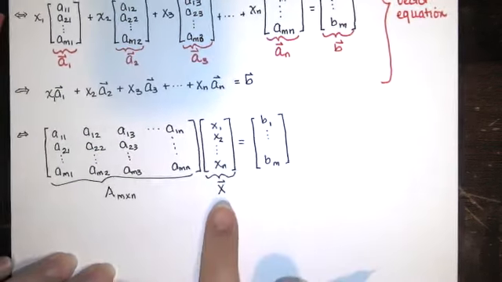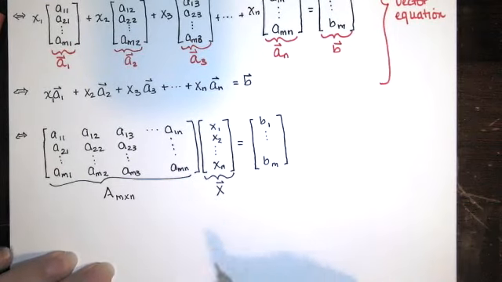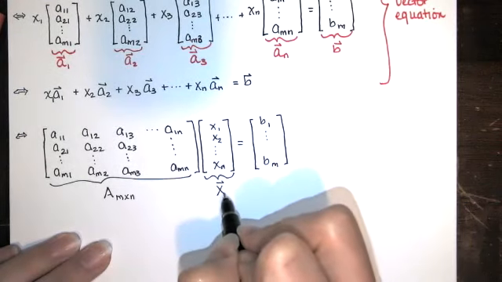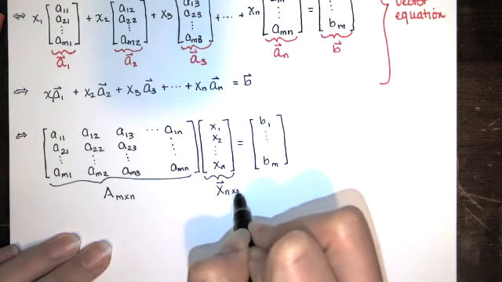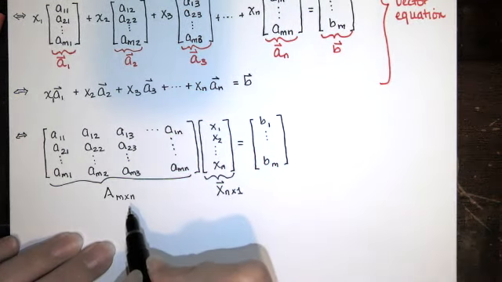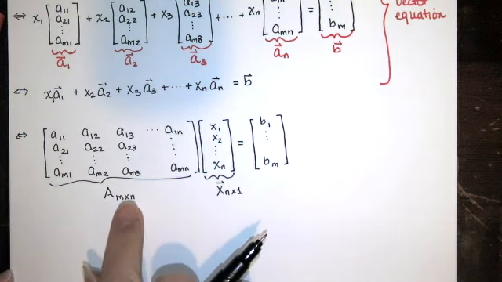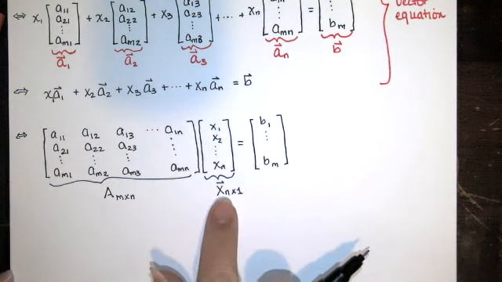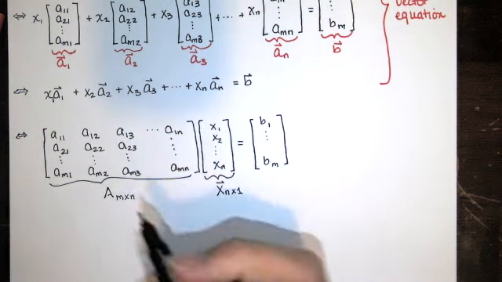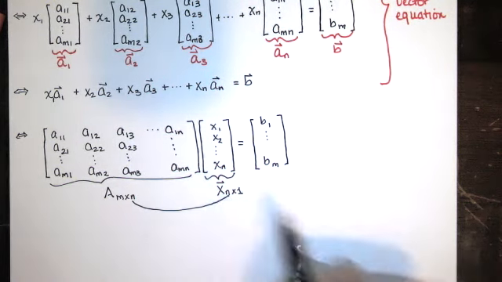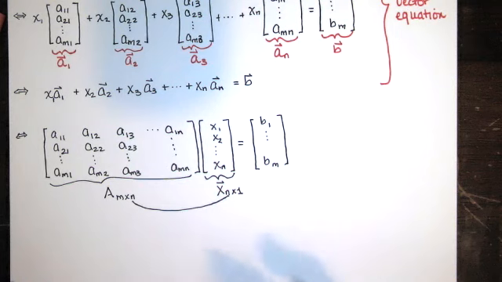Now, the vector x has n rows and 1 column. So when I multiply these together, the matrix multiplication makes sense because the number of columns of this matrix is equal to the number of rows of this matrix. As long as these two middle numbers are equal, the matrix multiplication can be done.